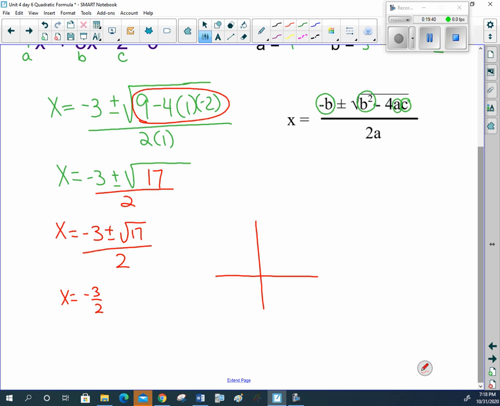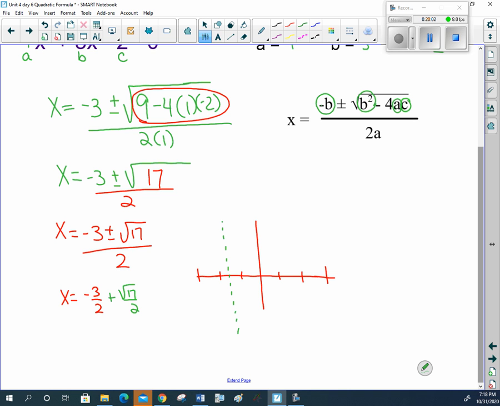If your axis of symmetry is at, let's just kind of make a sketch here. If your axis of symmetry is at -3 over 2, so that's -1.5. There's your axis of symmetry. What it's telling you to do is now add the square root of 17 over 2 to that.